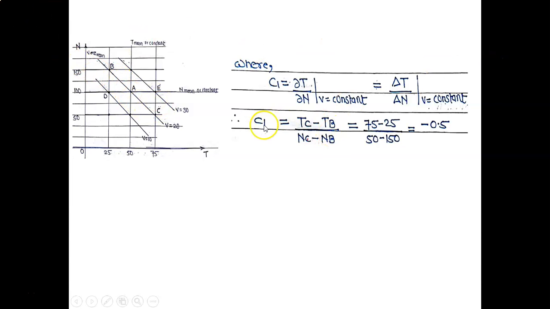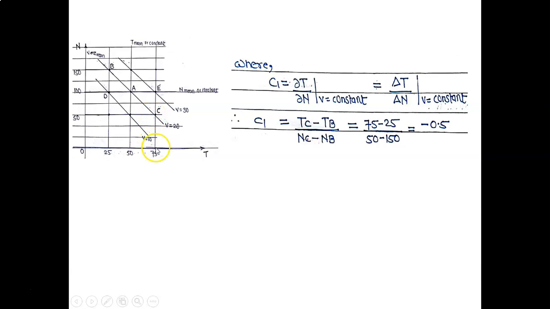Therefore C1 is equal to Tc minus Tb divided by Nc minus Nb, since delta n is equal to Nc minus Nb. What is the value of Tc?